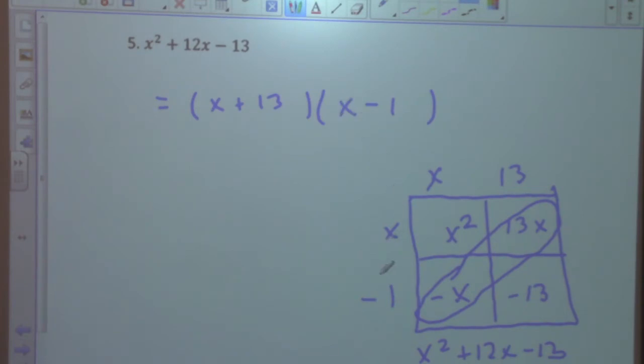That's why I'm asking. The numbers 13 and negative 1 are the answer to the question. Here's the question: what two numbers, when multiplied together, equal negative 13, yet when added together equal 12? Okay, so that's what it is. Does that make sense? Yeah.